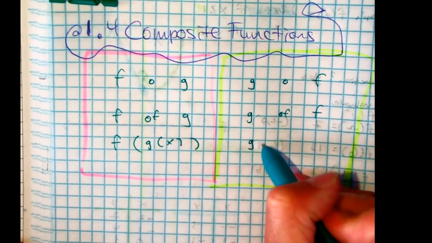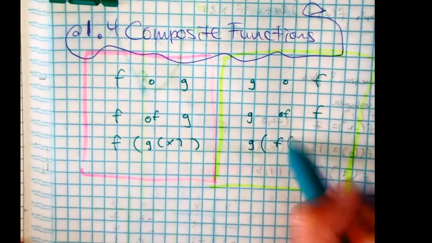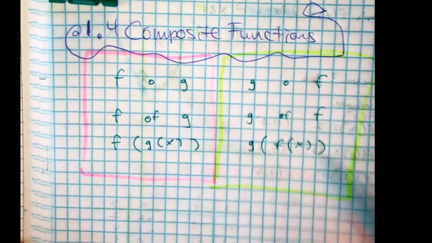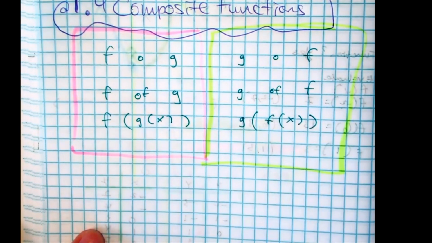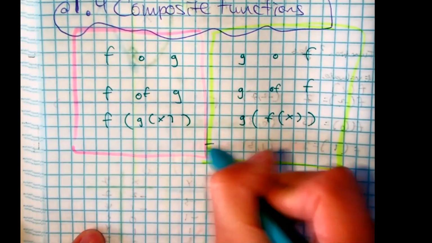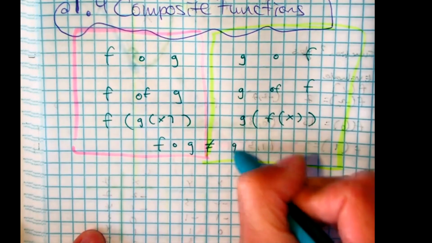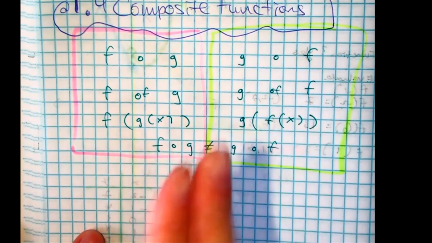G, parentheses, so now I got G of F of X. Now also note that fog and golf are not equal. So if you switch them around, they're not the same.